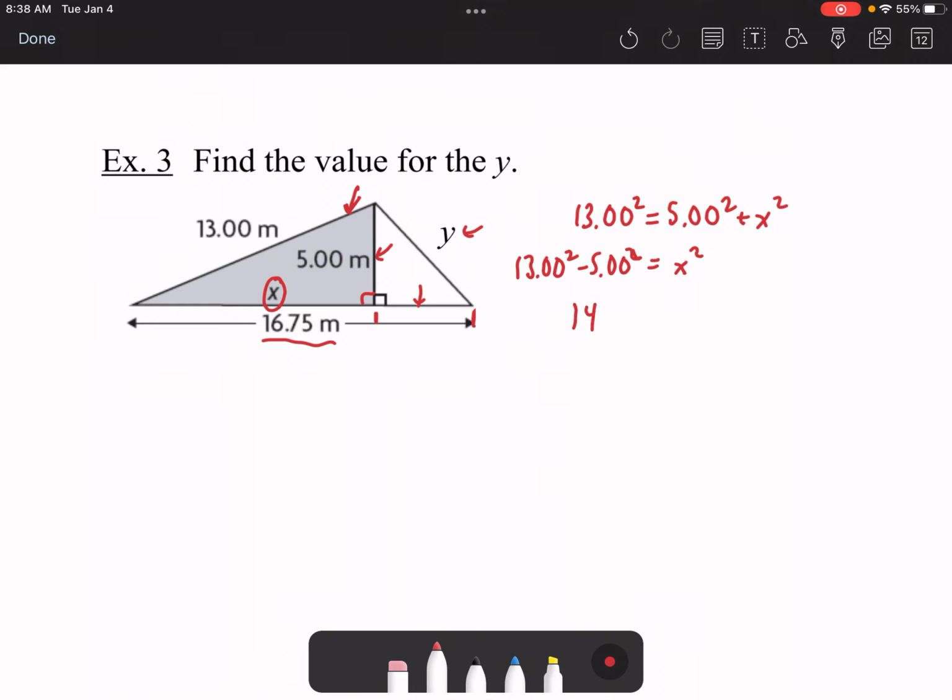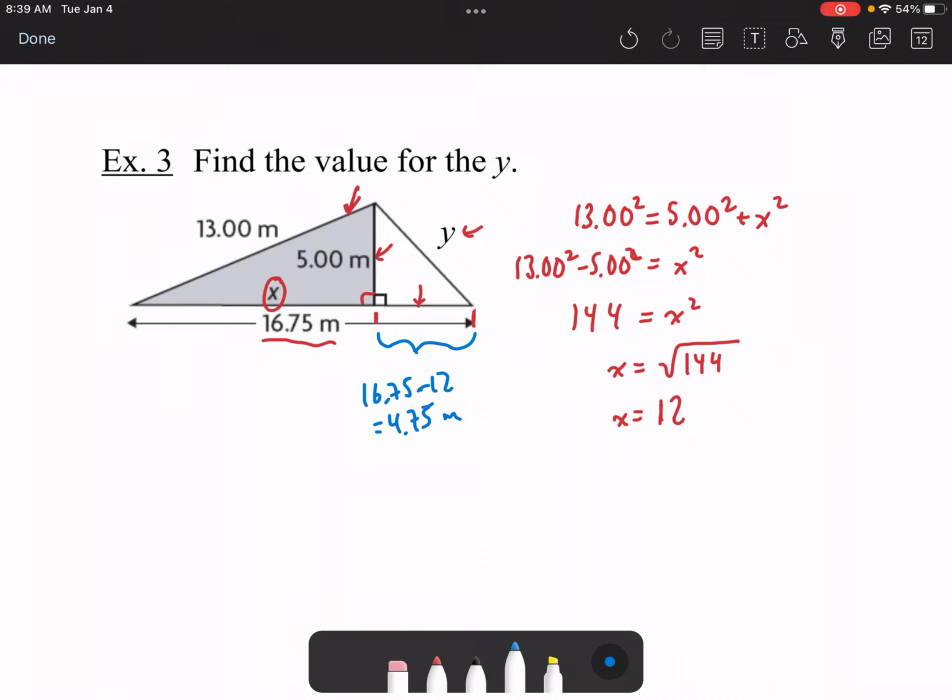If I calculate this, I get 144 equals x squared. So x is going to equal the square root of 144. Now this one turns out to be exactly the value of 12. So, in other words, this length right here is 16.75 minus 12, which is 4.75 meters. If you want, you could put the measurement there.